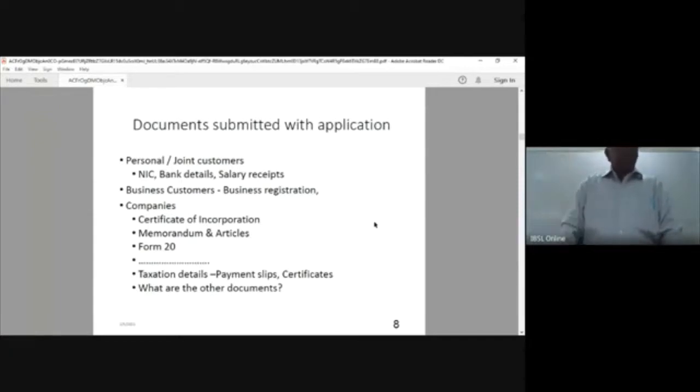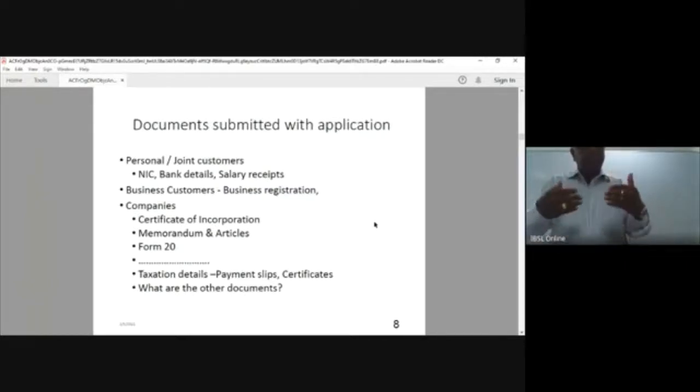So these are some additional documents in the case of companies. These provide information to us. We collect all these and go through them, and we gather information from these documents.